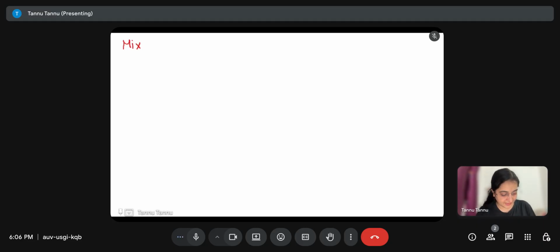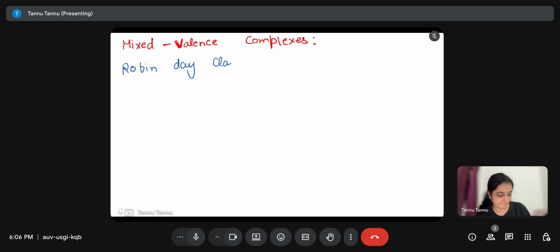So first is mixed valence complexes. These mixed valence complexes are classified into three different categories, and we call it the Robin Day classification of mixed valence complexes.